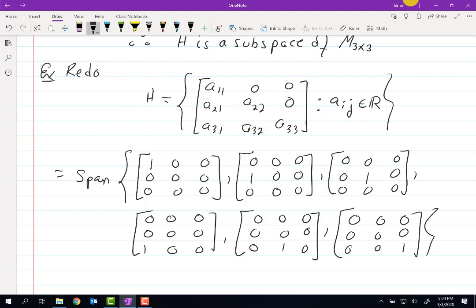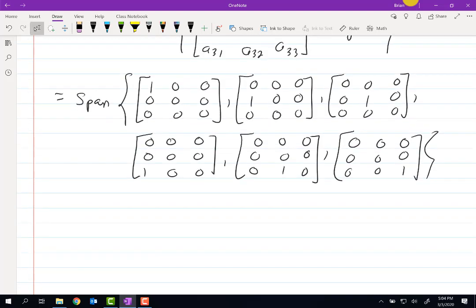So once you know it's the span of a collection of vectors, then you automatically know that H is a subspace of M3 by 3. And it doesn't matter. You can play with matrices of 5 by 12, 2 by 4, whatever, and have it be any collection.